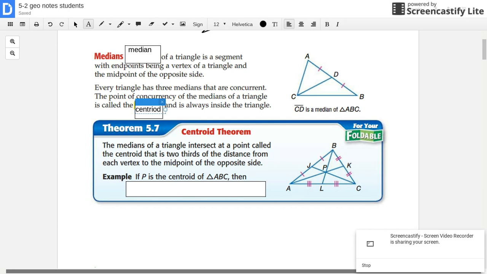Centroids are special because they have a theorem about them. The theorem is: the medians of a triangle intersect at a point called the centroid, and it is 2/3 the distance from each vertex to the midpoint of the opposite side.